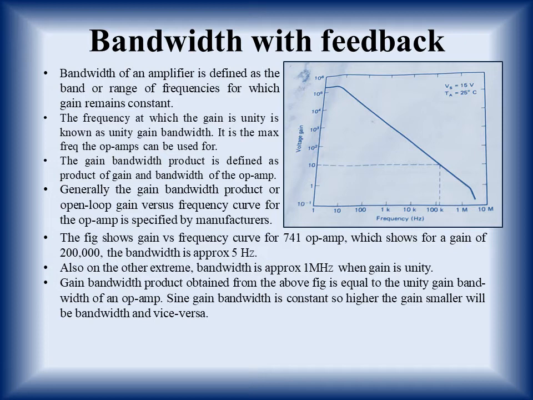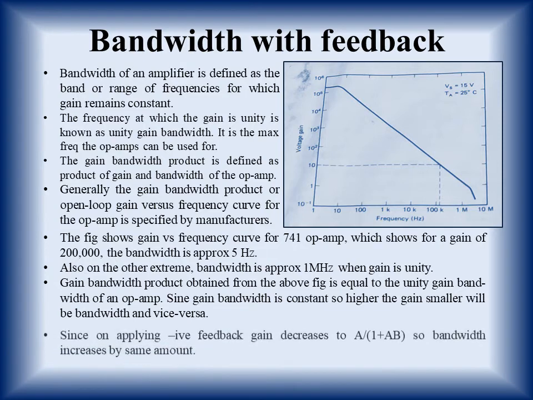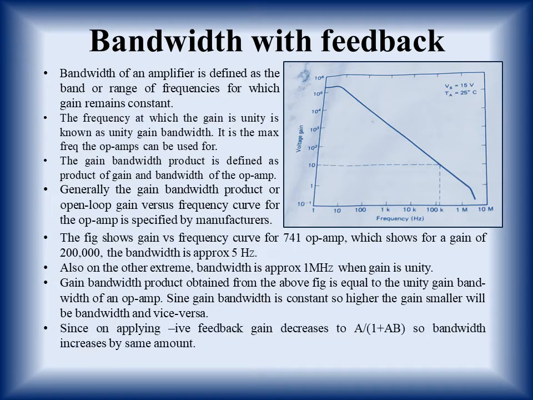The gain bandwidth product for an op-amp is always constant. So if one parameter is higher, the other will be smaller. If the gain is higher, the bandwidth will be small. If the bandwidth is higher, the gain will be small. So without calculating anything, we can directly say that when negative feedback is applied, the gain decreases by a factor 1 plus AB, so the bandwidth will increase by the same amount.